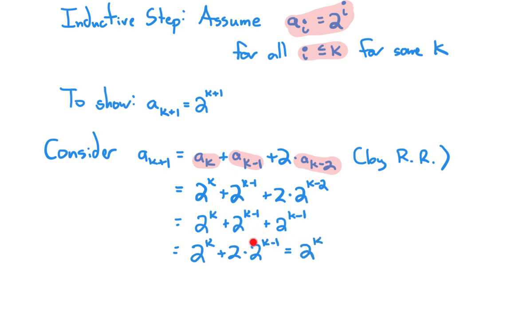So here's k-1 2's, here's an additional 2, so that is 2 to the k, so we have k 2's. And then similarly, I'll leave that extra step not written, but you can check this is 2 to the k+1. So we've shown our result by induction. We've shown that our guess for a non-recursive formula for a term in our sequence is correct given the recursion relation and the initial conditions.